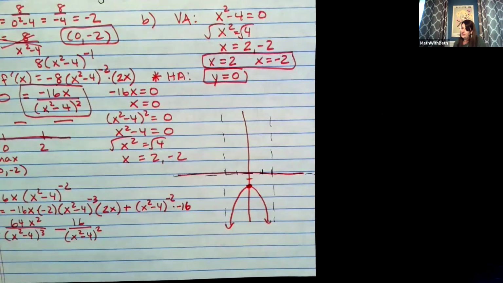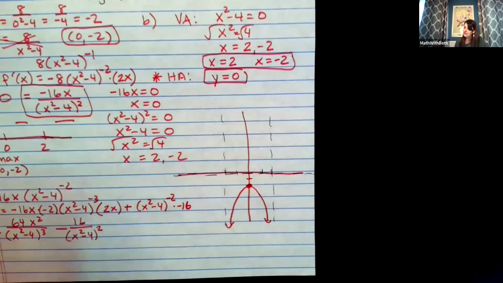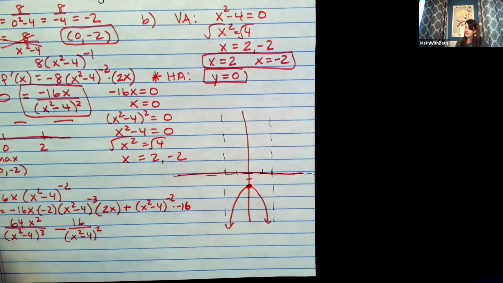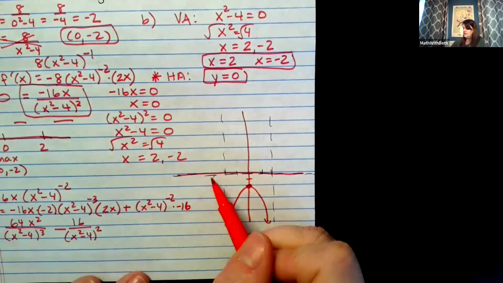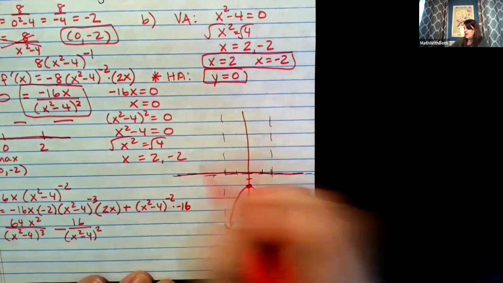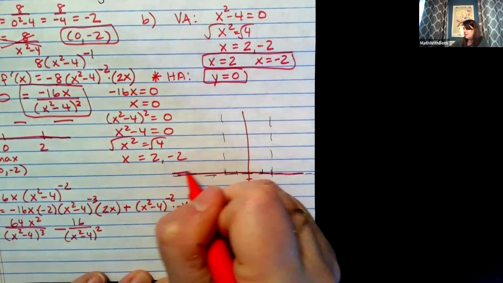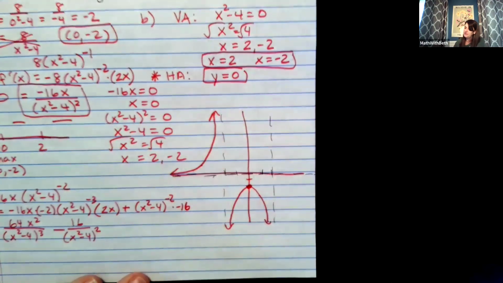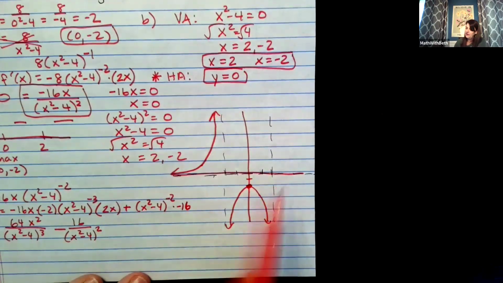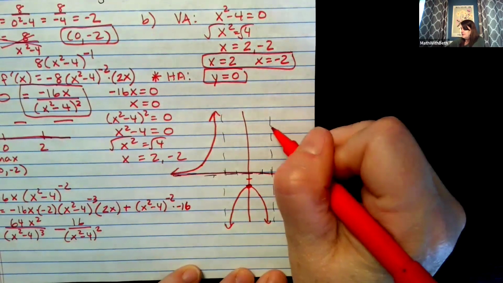And I know that to the left of this -2, I am increasing. So it's hard to have an increasing part over here. So I could pick a point and check, but I'm pretty sure that means the graph is doing something like this. And to the right of 2, I'm decreasing.